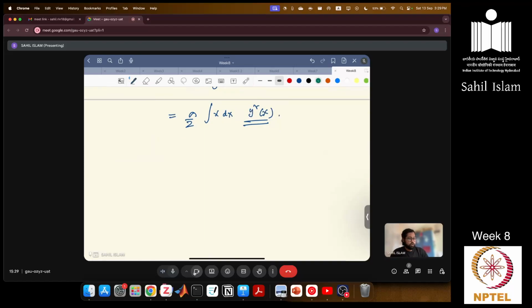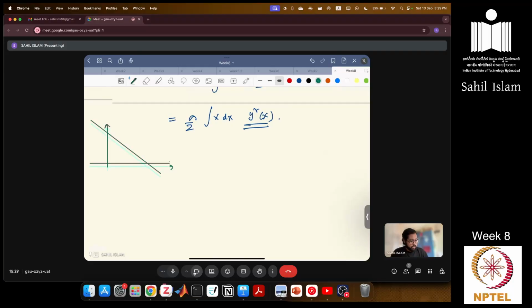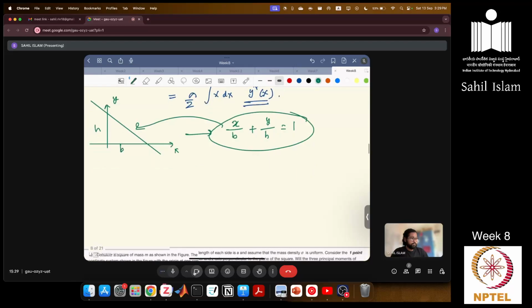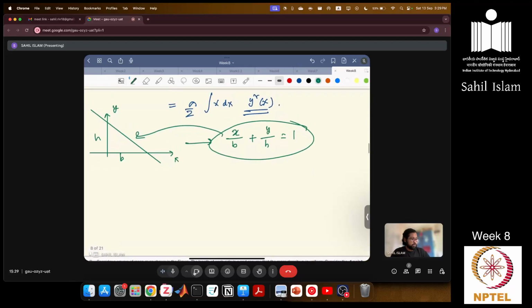So we all know the equation of a line in intercept representation. This intercept is b and this one is h. So with b in the x direction and h in the y direction, it can be written as x by b plus y by h equals 1. So this equation represents this line. So from here we need y.